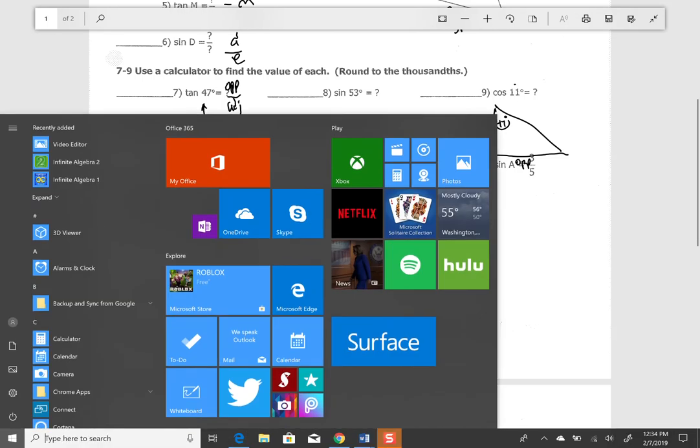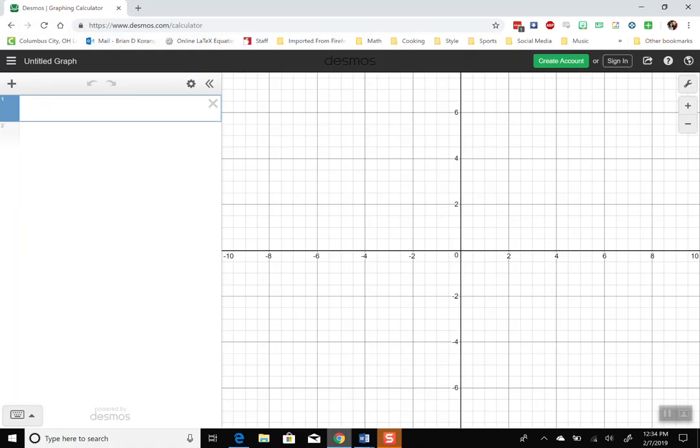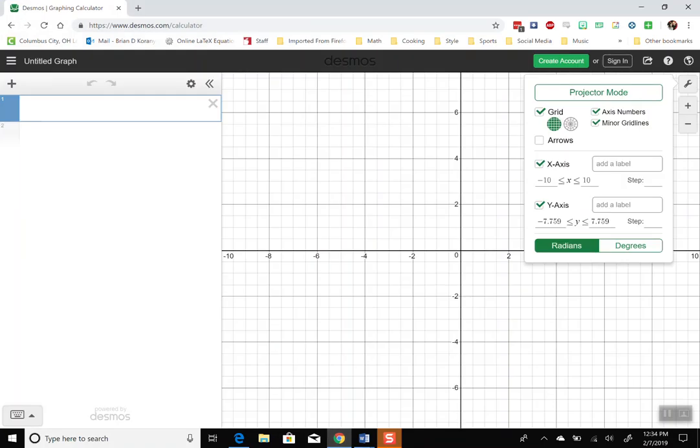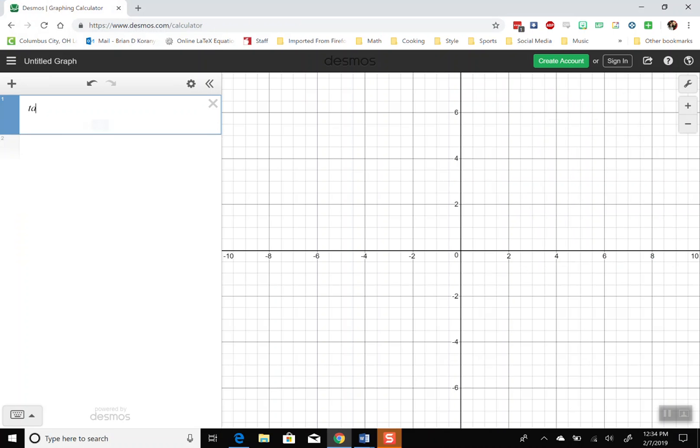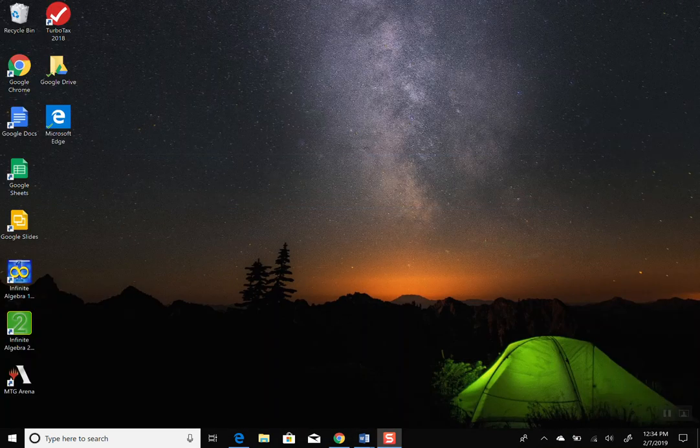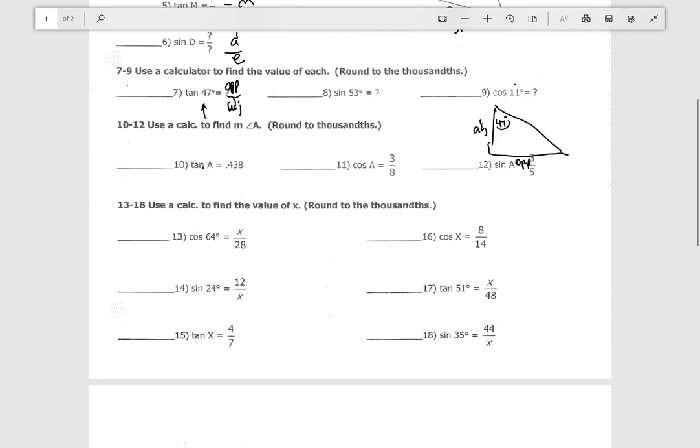So we're just going to go to Desmos and make sure I'm again in degree mode. So I go here, click degrees, very important. Tangent of 47, it's 1.07. And we can do it to the thousandths, 1.072. So this is 1.072.